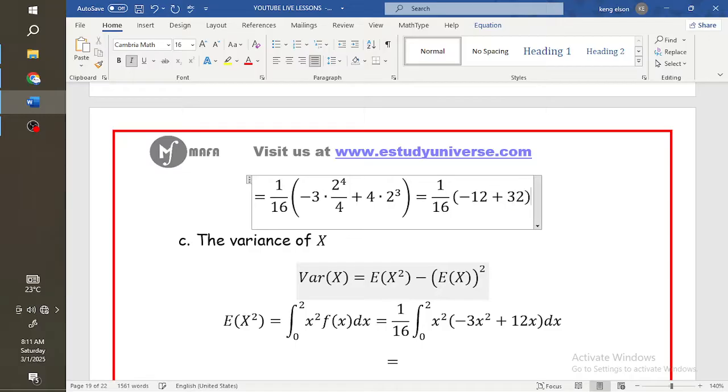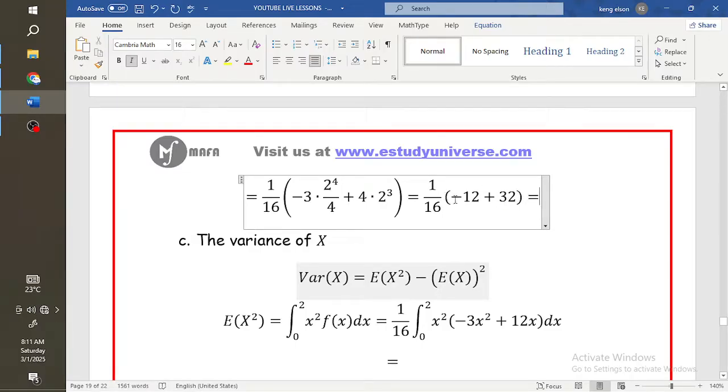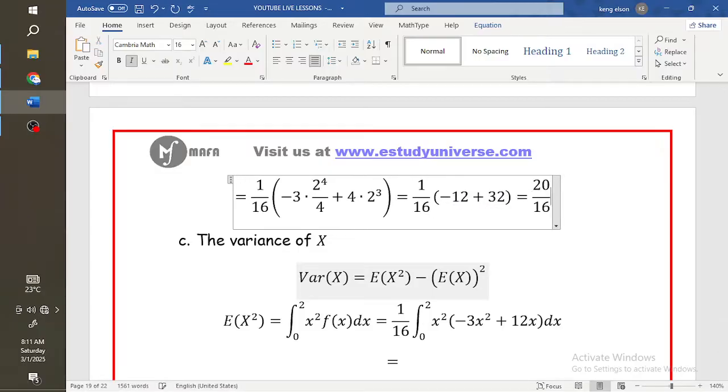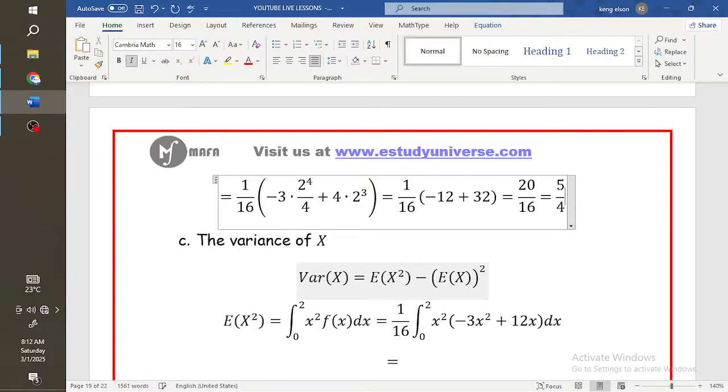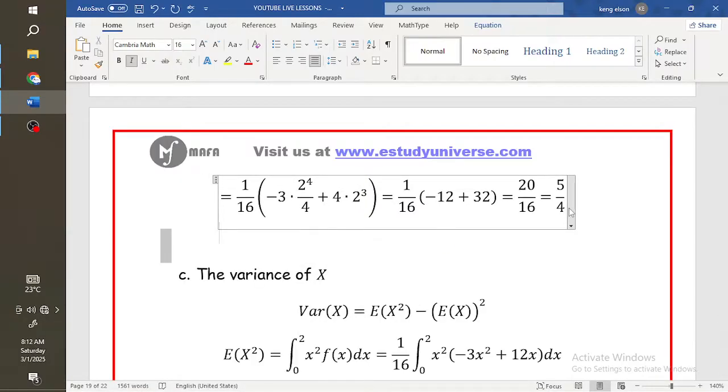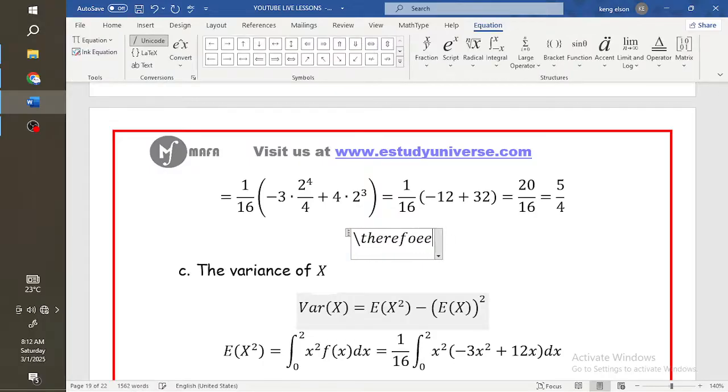So now if you take -12 plus 32, I think you have 20. So you have 20/16. If you simplify, 4 goes into 20 five times and into 16 four times. So my mean is equal to 5/4. Therefore, the mean of x is equal to 5 divided by 4.